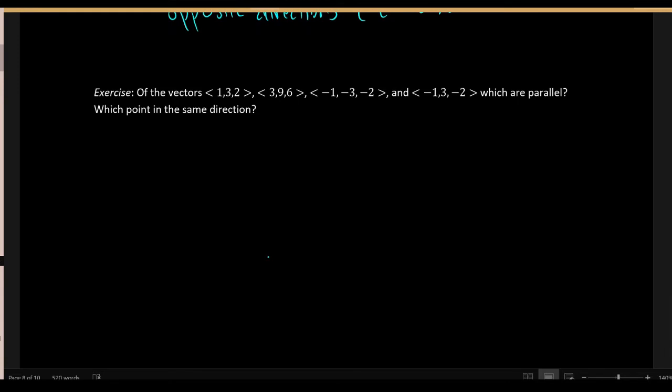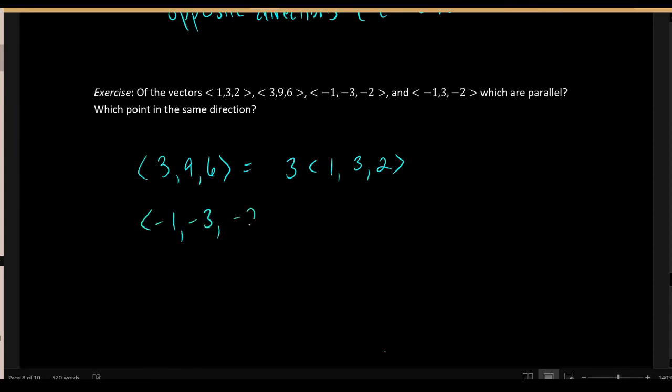Now the thing that strikes me is that <3, 9, 6> is exactly the same thing as 3 times the vector <1, 3, 2>. And likewise, this third vector, where all the components are negative, is just the negative of <1, 3, 2>.